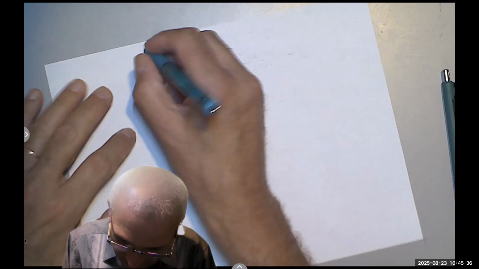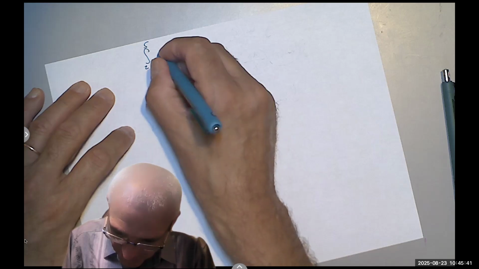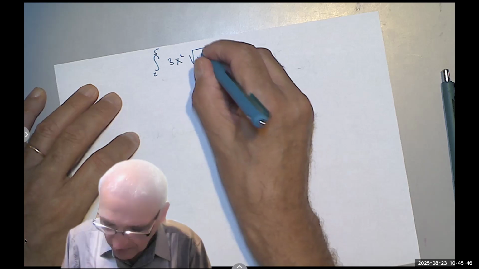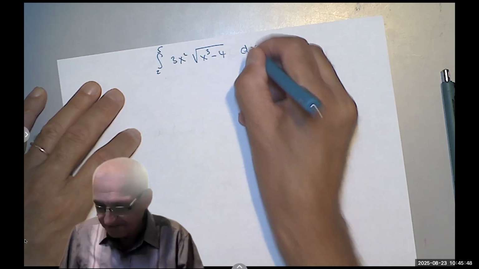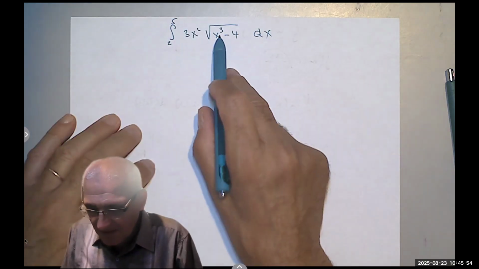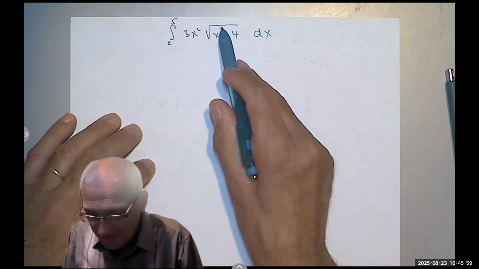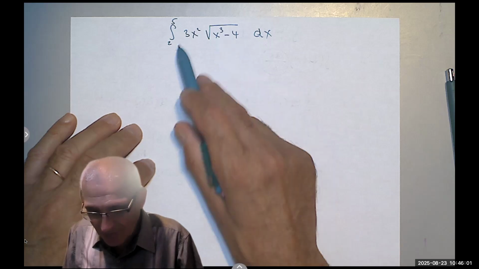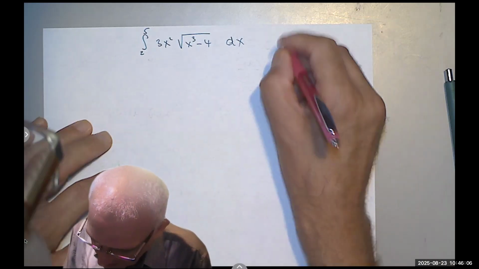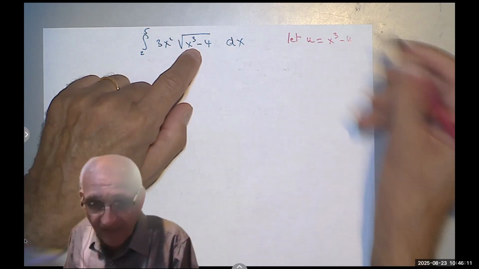Okay, I have an example here that says take the integral from 2 to 5 of 3x squared times the square root of x cubed minus 4 dx. Every time I see a square root with a power and the derivative of that is 3x squared, it's much easier to say let u be the quantity under the radical right away.